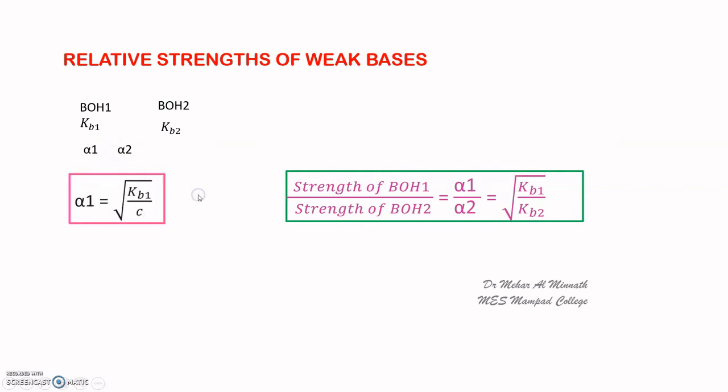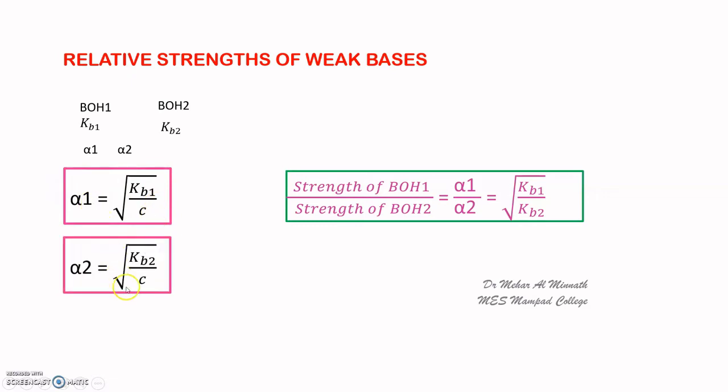Then alpha 1 will be equal to root of Kb1 by C, and alpha 2 will be equal to root of Kb2 by C, and the relative strength of these two bases will be root of Kb1 by Kb2. Alright, so this is the way by which we can compare quantitatively the strength of bases, the same way we have done for acids.